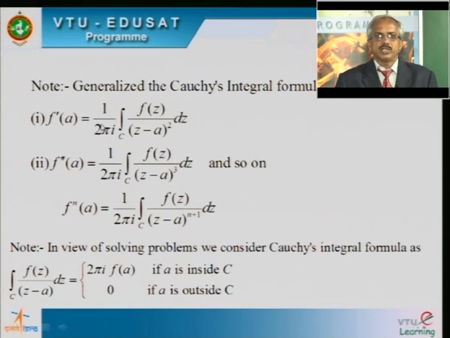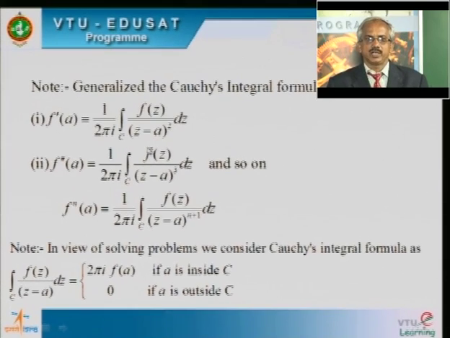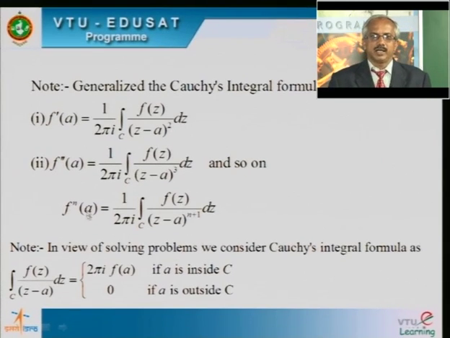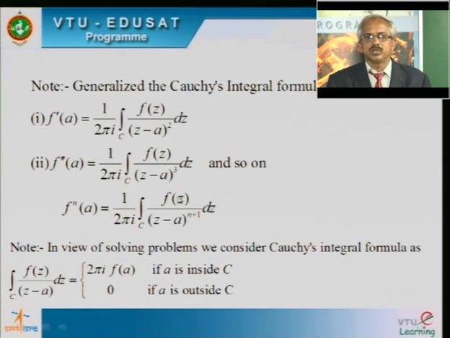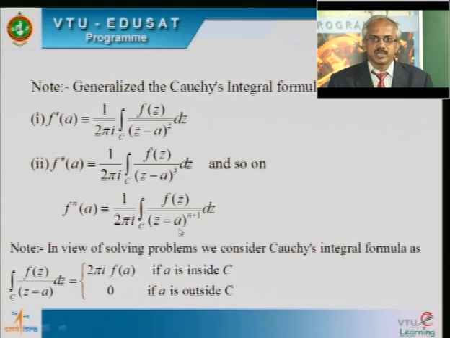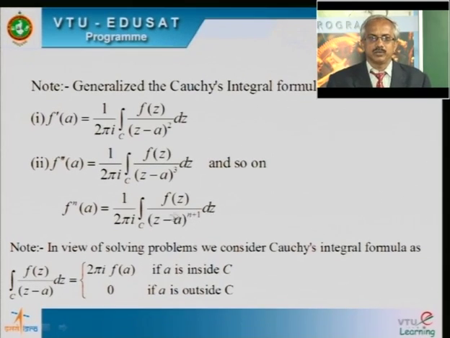It is f dash a equal to 1 by 2 pi I times the integral along the simple closed curve C of f of z divided by z minus a whole squared dz, and similarly f double dash, and finally the nth derivative of f of z at z equal to a is 1 by 2 pi I times the integral along the curve C of f of z divided by z minus a to the power of n plus 1 dz.